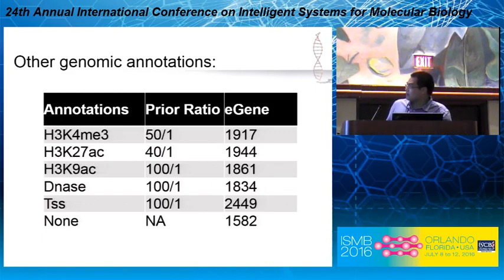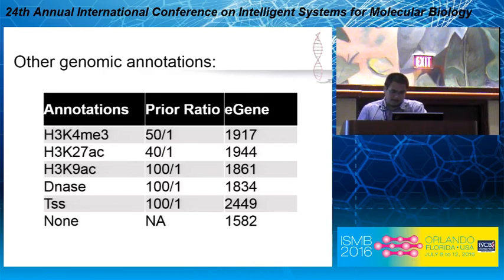This column is the prior ratio. This means that, for example, if you have a SNP that is in the DNA's binding site, then the SNP would have the Ci equal to 100. Otherwise, the Ci is equal to 1.